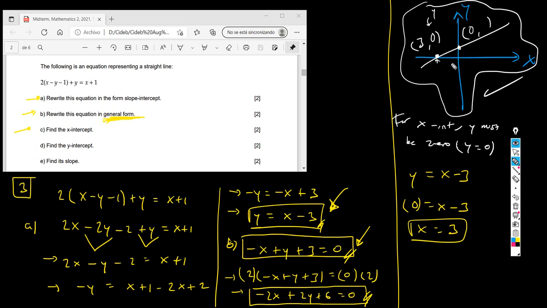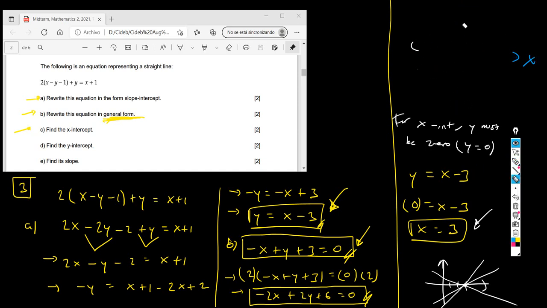I just drew it in order to illustrate the point. Now in retrospective, now that I know that the x-intercept is 3, it's 1, 2, 3. The line crosses right here, whether in this way or in this way, I don't know, but it crosses at that point. So don't be misled by this diagram.